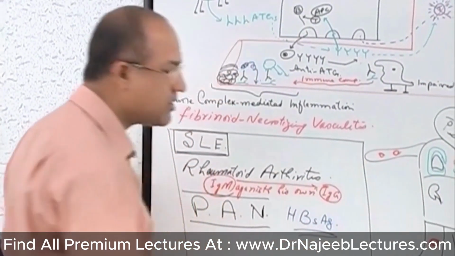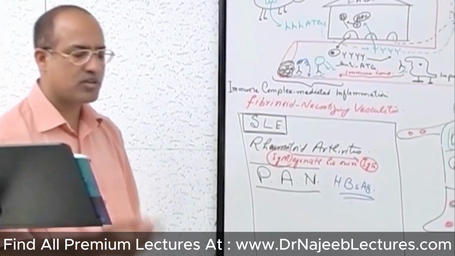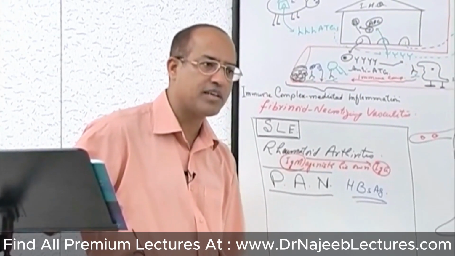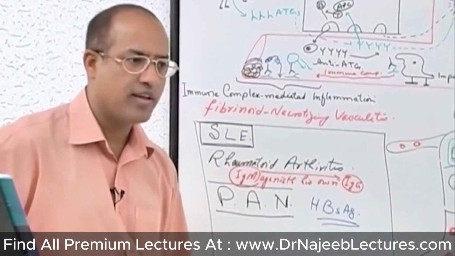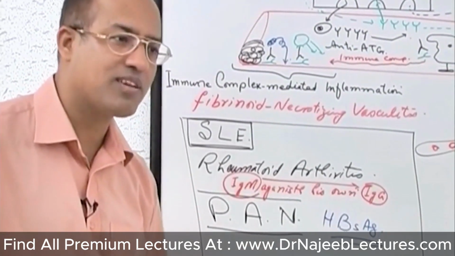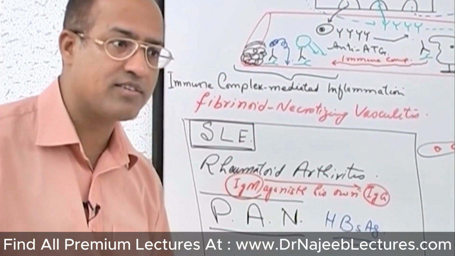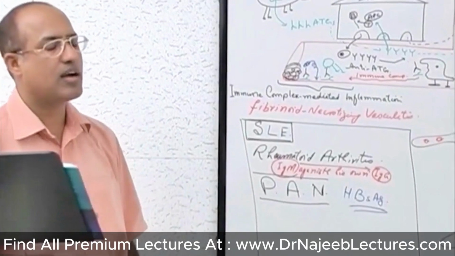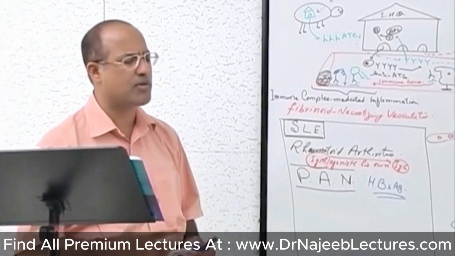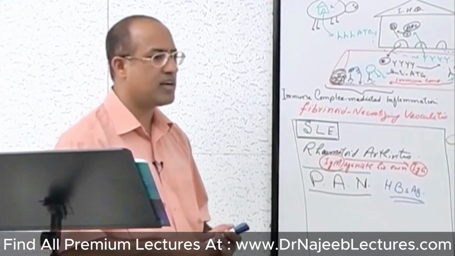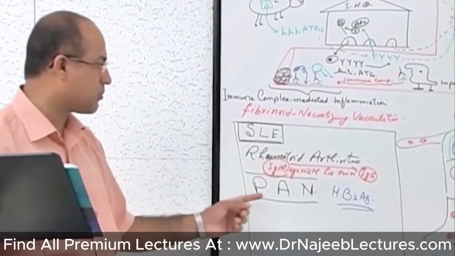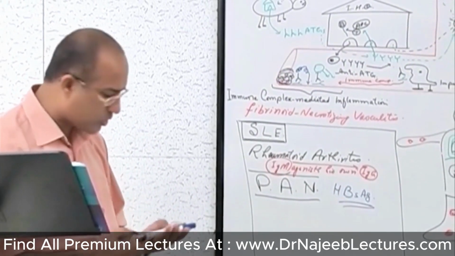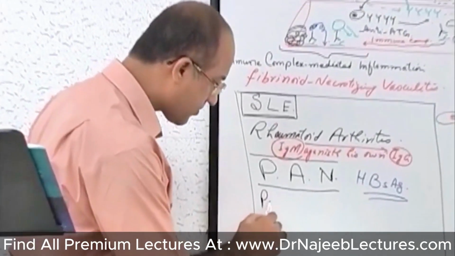In these patients, hepatitis B surface antigen is chronically circulating in the blood, and against hepatitis B antigens, antibodies are formed and antigen-antibody complexes start depositing in multiple blood vessel walls and develop necrotic lesions in the blood vessels that lead to weakness of the arterial walls, and their arterioles or arteries become inflamed, and then they make aneurysmal dilatation in multiple arteries. So we call it polyarthritis nodosa. Another example is post-streptococcal glomerulonephritis.